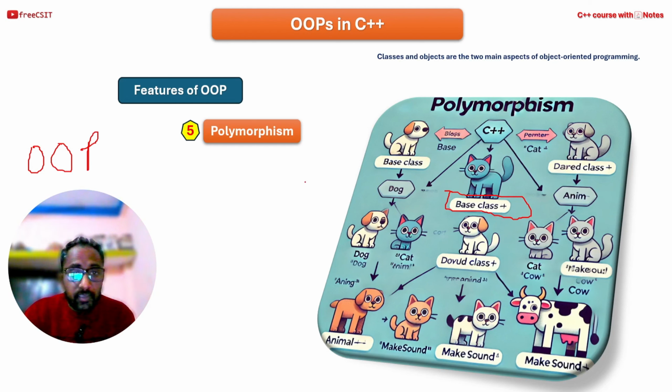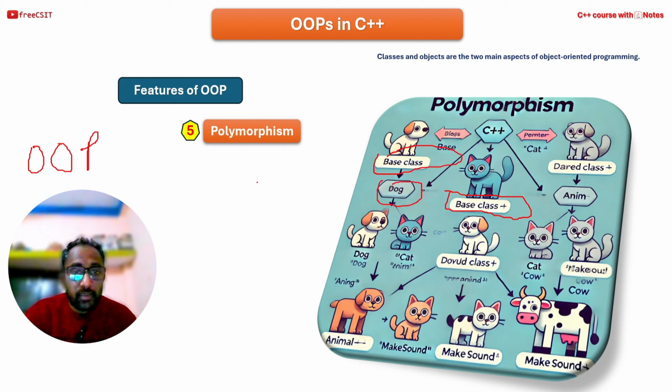You can see here the base class is the animals, and the derived classes are dog and cat. This is the base class, and these are the derived classes.